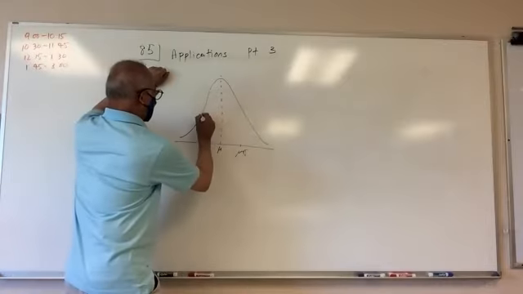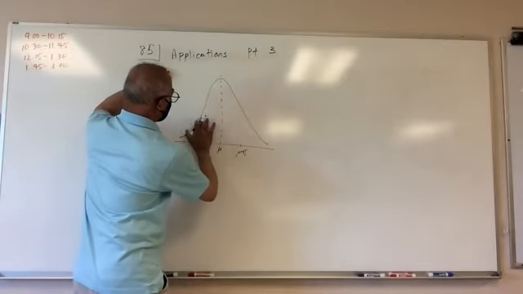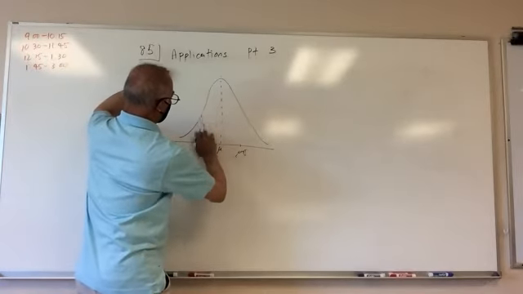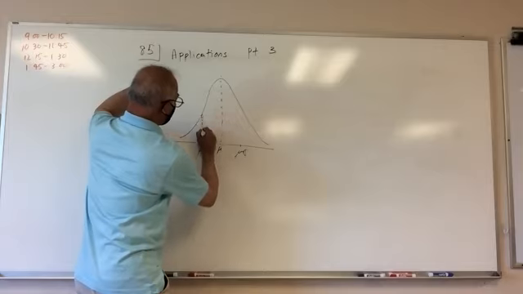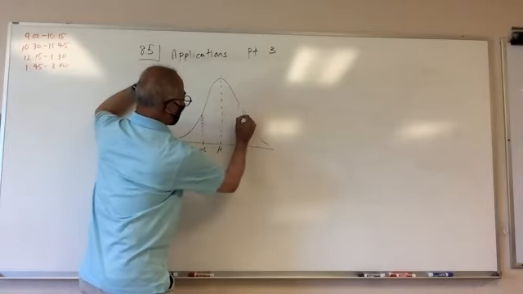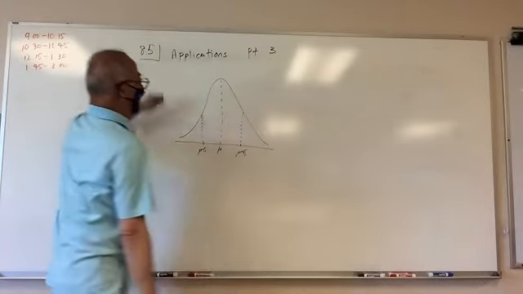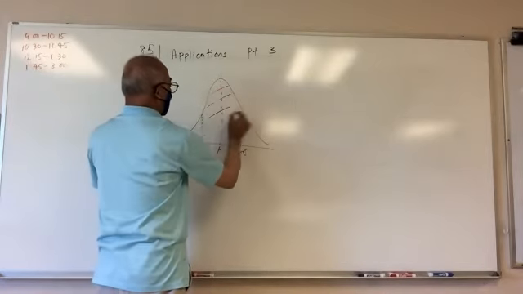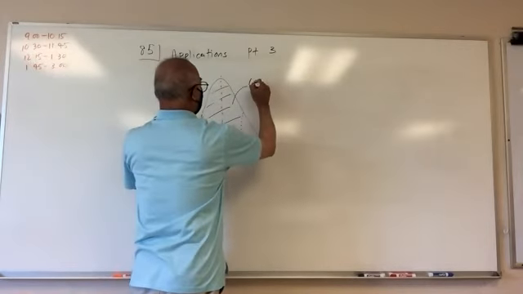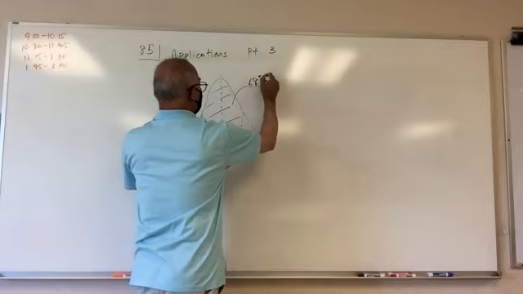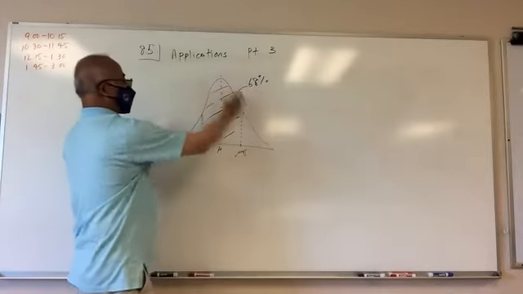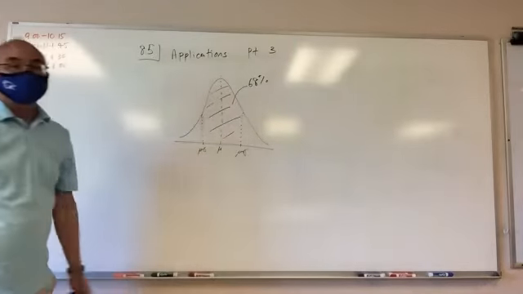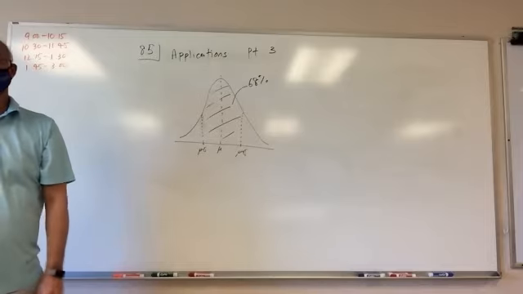If I go from here to here, I am guaranteed that I will have 68% of the total population within plus or minus 1 sigma.